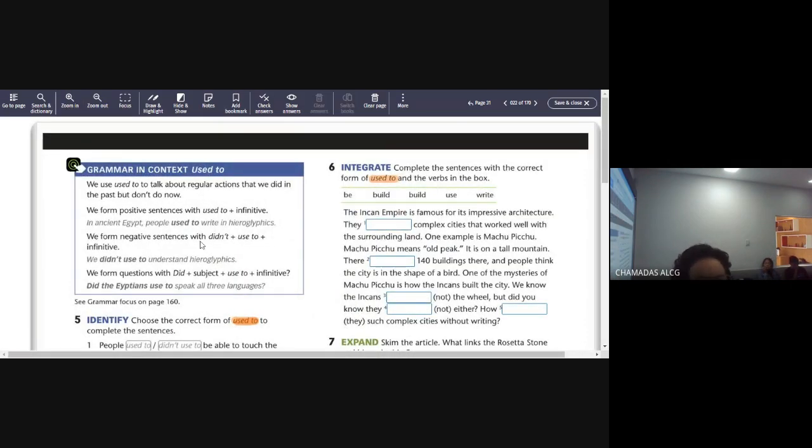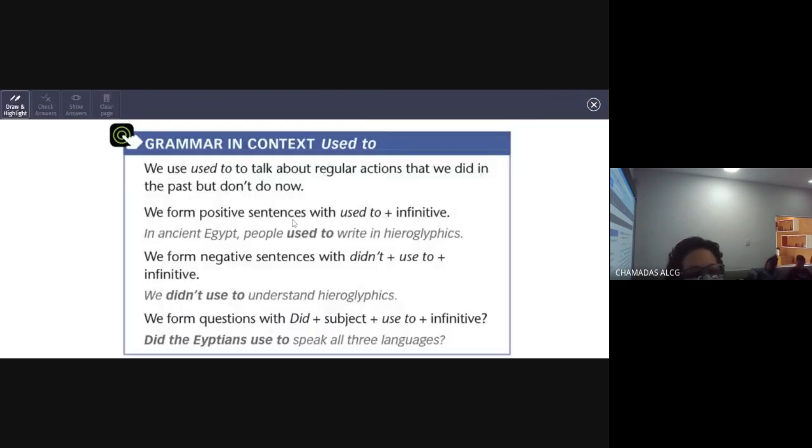So this is the structure that we use when we want to talk about repeated actions in the past, things that repeated many times over and over, or past habits, okay? Habits in the past. So let's take a look here. We use the structure used to talk about regular actions that we did in the past, but we don't do now, okay?